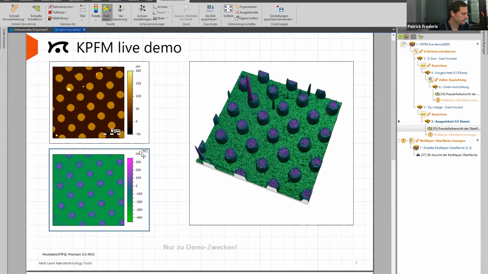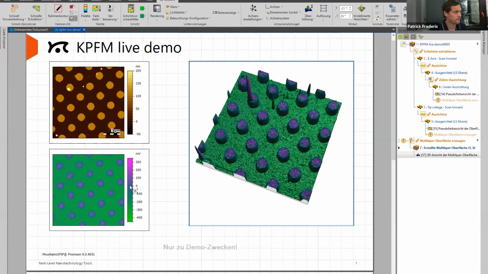It also allows you to have scaling just as you want it. So I have nice round numbers here, minus 450 to plus 350. If I do multiple samples, I can always make sure I have the same scaling for every sample so that you can compare your data more easily. What is very powerful for me is if I make a report and somebody suddenly tells me they want a different color or a different scaling, I can just open my document, click on a single processing step, and modify it without having to reload the data and redo the complete processing.